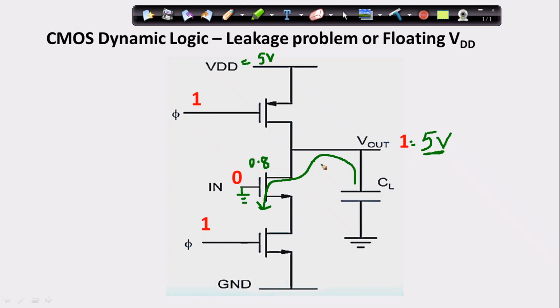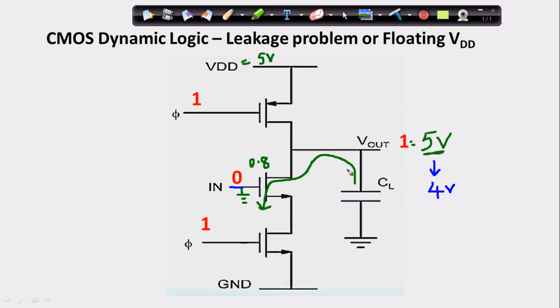So this leakage happens, and this might get reduced. If it has 0.8 somewhere around this, I'll be getting somewhere around 4 volt. This 4 volt was not what I was supposed to get.